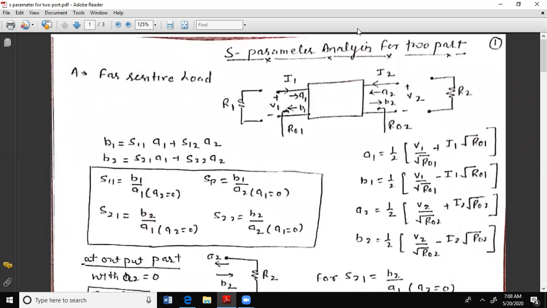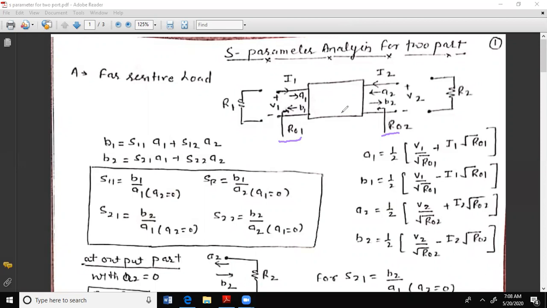If we are talking about high frequency analysis, but here we have considered the passive network, so R01 and R02 are the impedances at the input port and the output port.